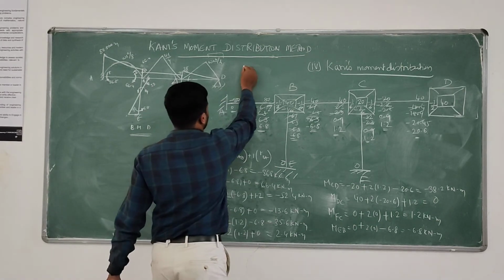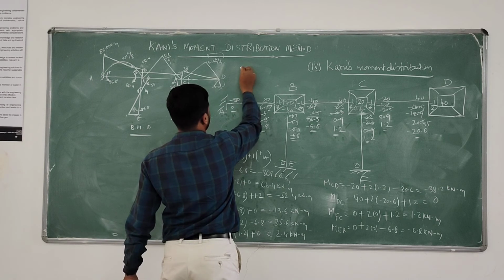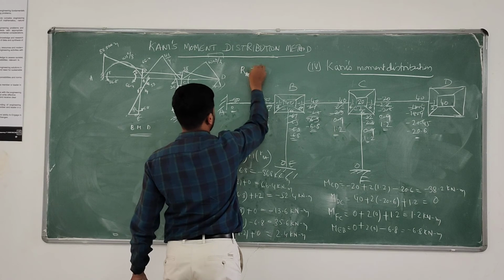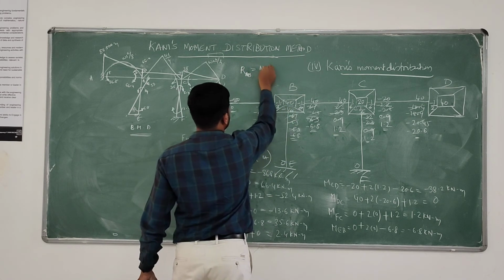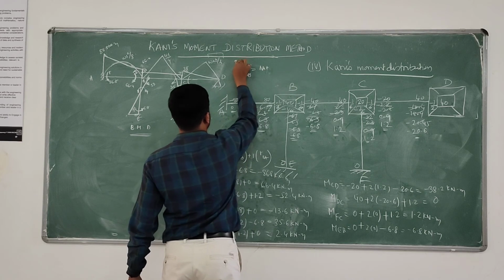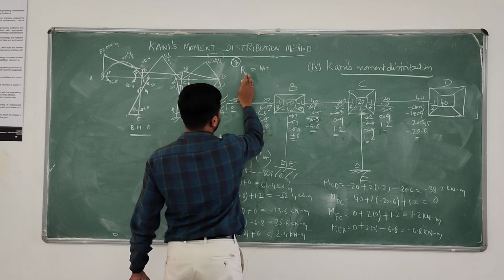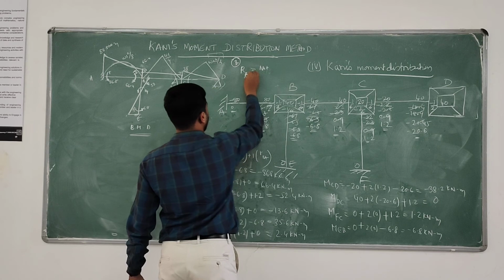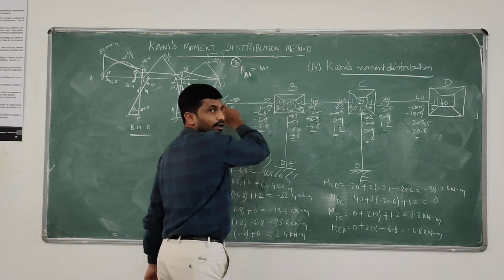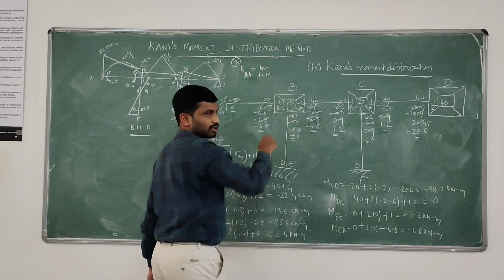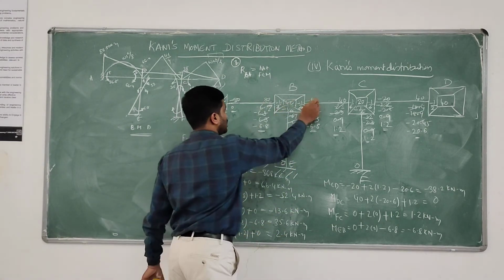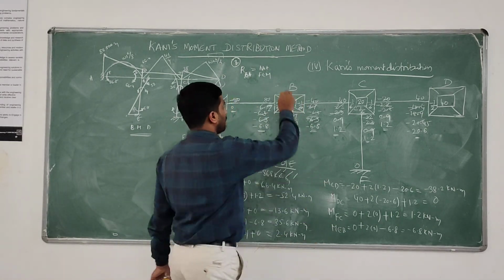If you take rotation contribution RBA, that is nothing but the net FEM at joint B. Say, for example, the member BA, joint B. Net FEM is nothing but whatever is in the box we highlighted, 80 minus 40 is 40.